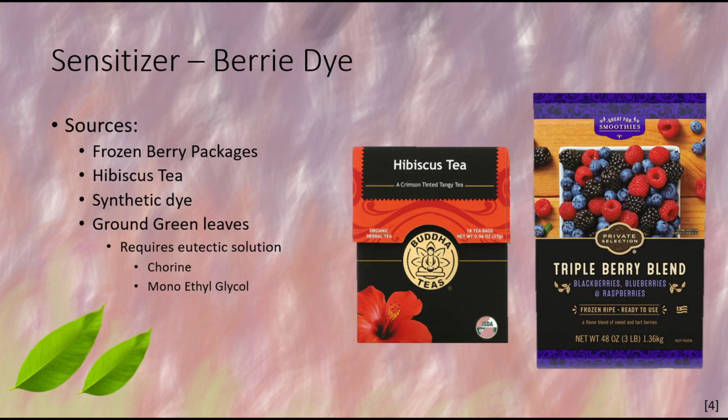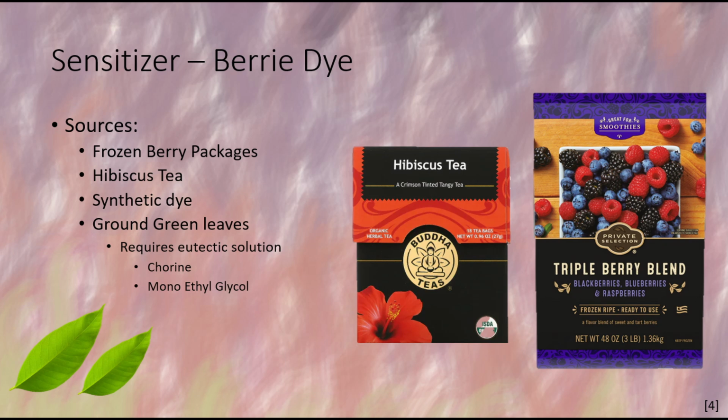On its own, the titanium dioxide does not absorb enough energy from the sun in order to trigger the reaction, and so it is necessary to dye the titanium dioxide a deeper shade so that it can absorb more energy from the sun and therefore trigger that reaction.